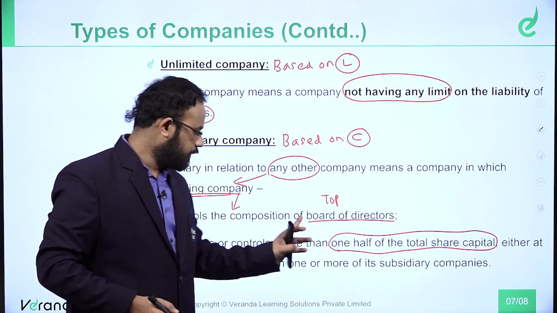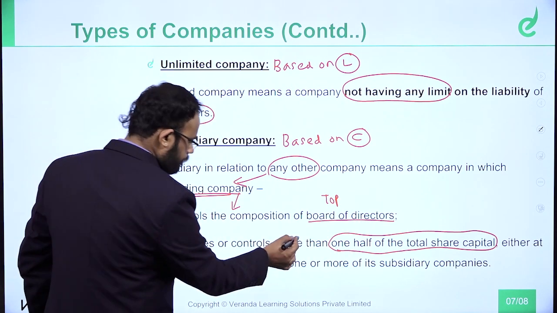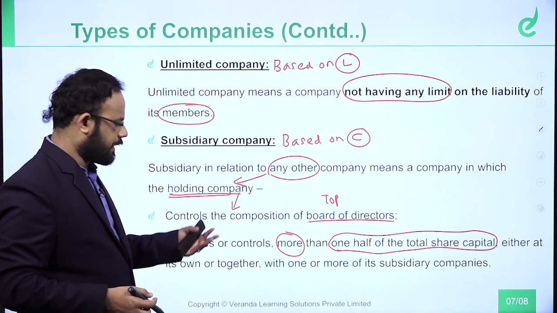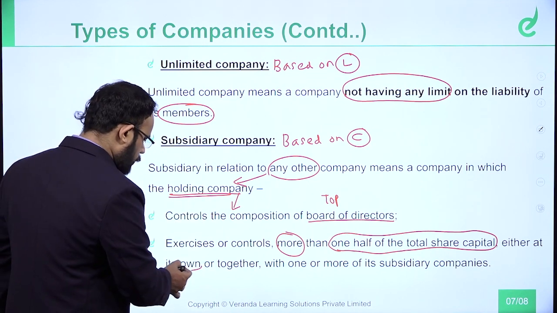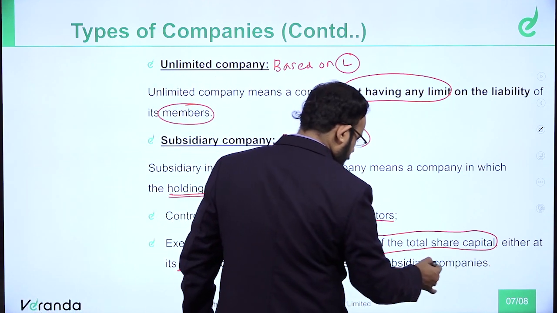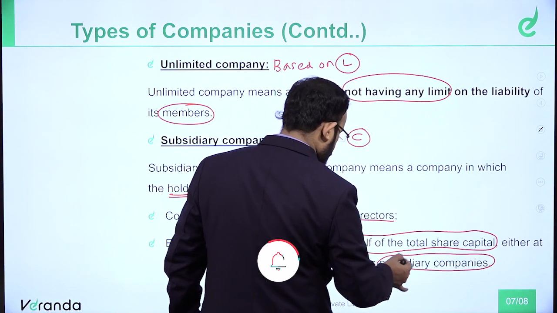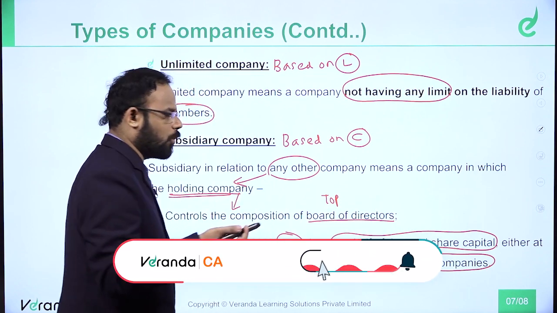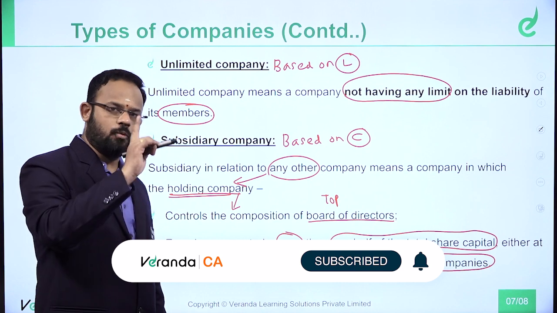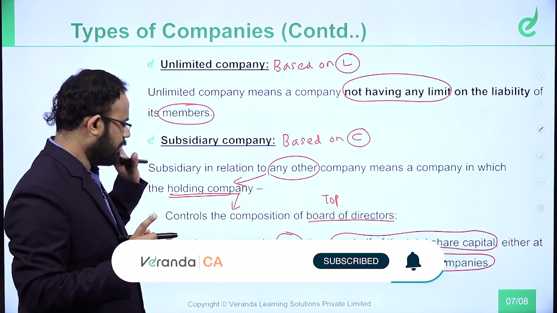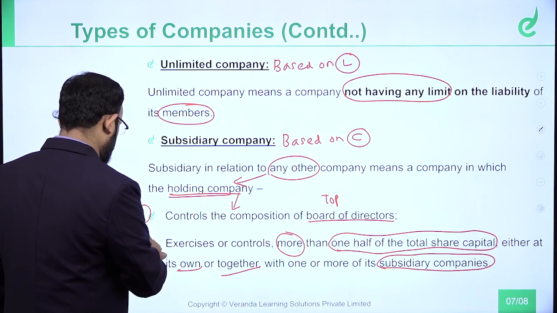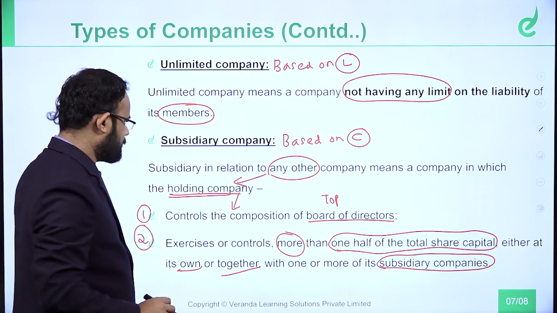So, more than 1/2, more than 50% of the total share capital, either on its own or together with one or more subsidiary companies. That means the holding company can have more than one subsidiary company. If you remember these 2 points, automatically you are done with your holding company and subsidiary company.